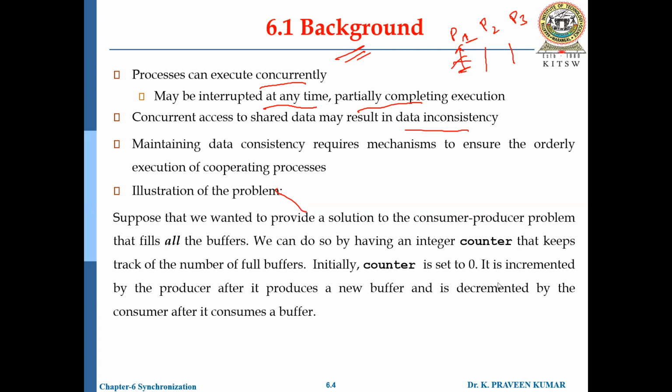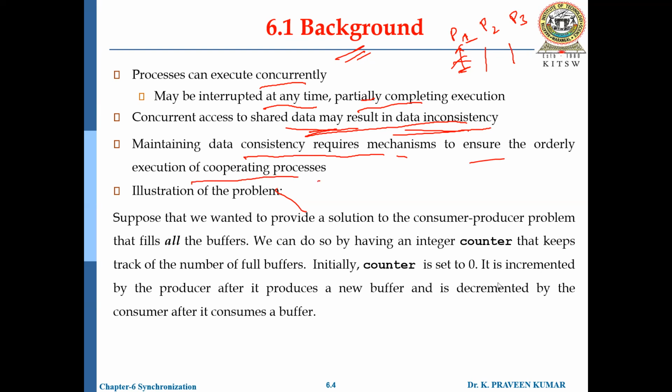Sometimes if the sensors are not working perfectly or the driver manager is not working properly, then the effect will fall onto the other processes also. The shared data may result in data inconsistency. That is a problem. So maintaining data consistency requires a mechanism to ensure orderly execution of cooperating processes.